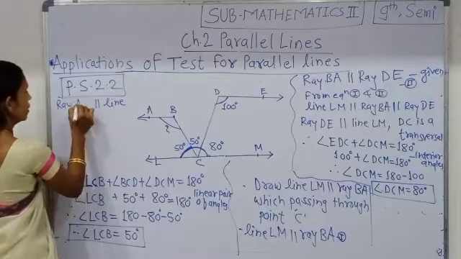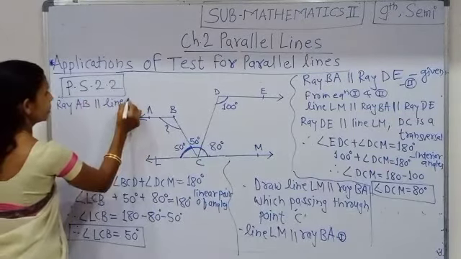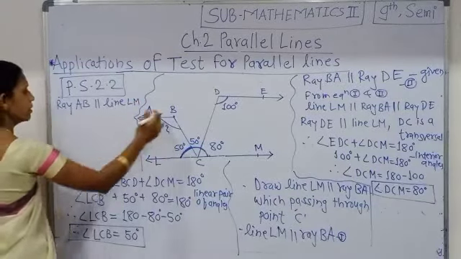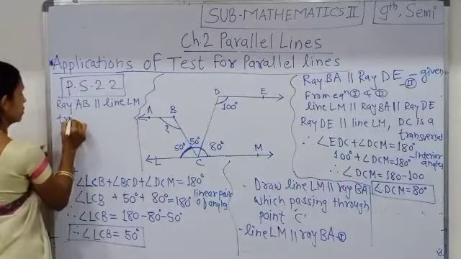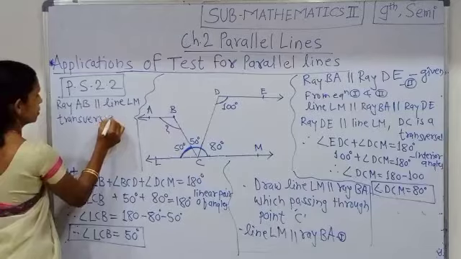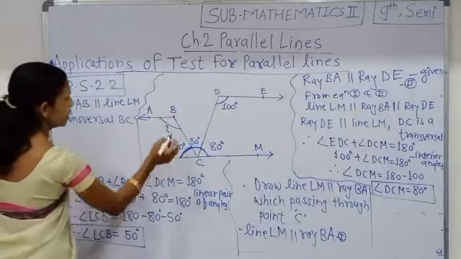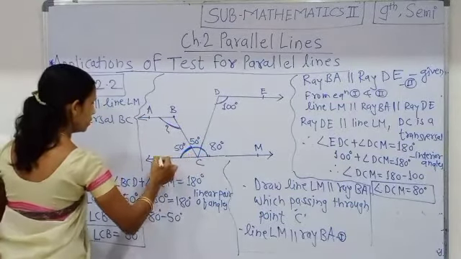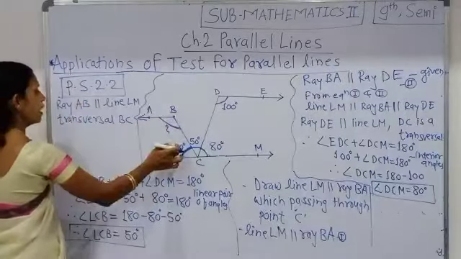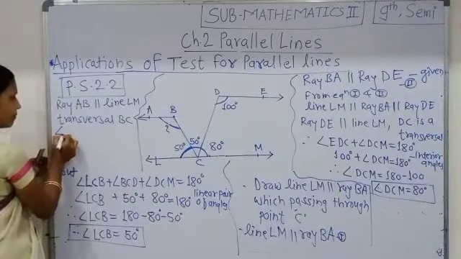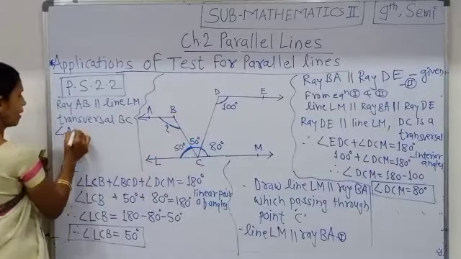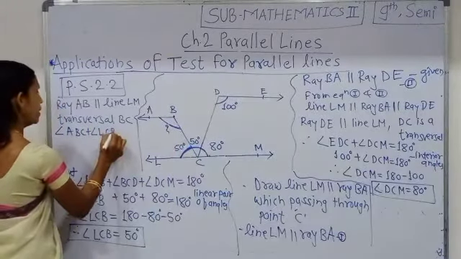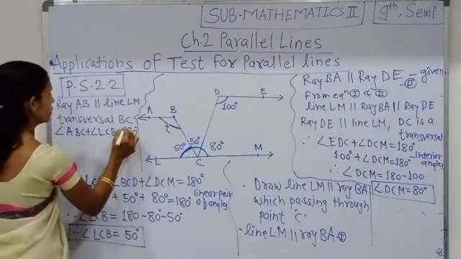Now, ray AB is parallel to line LM, and here transversal BC is considered. Then angle ABC and angle LCB are interior angles. Therefore here angle ABC plus angle LCB is equal to 180 degrees.